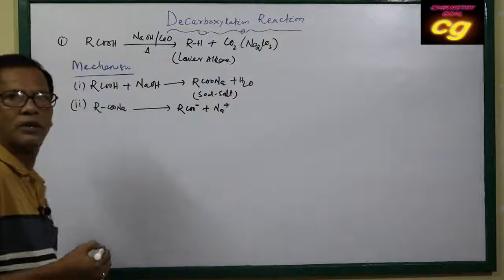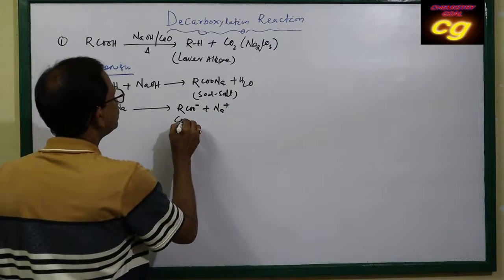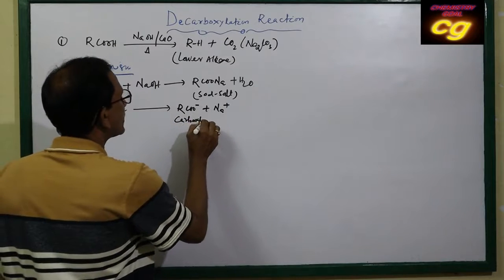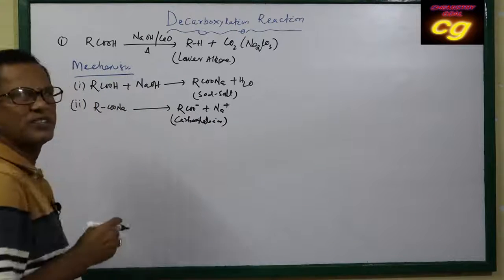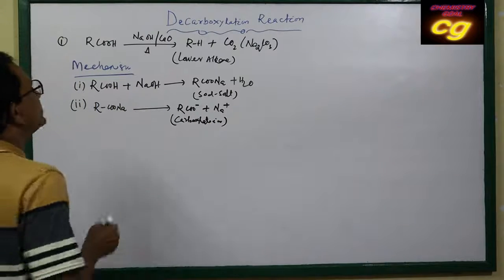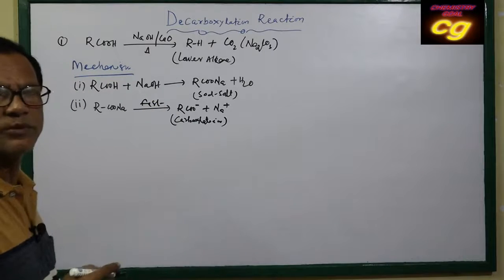This is the formation of carboxylate ion. This is generally the first step, and that is not a rate determining step.